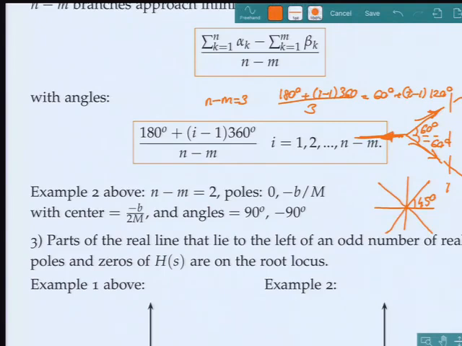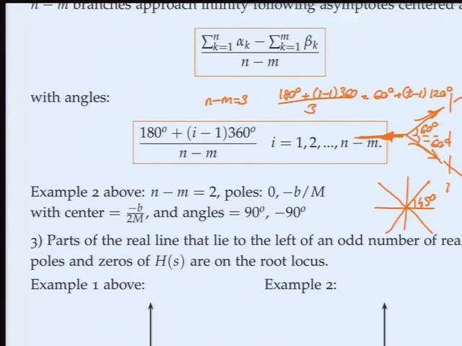So that's how it goes. Okay, so that's another principle. So root locus starts at open loop poles. Some of the branches converge to zeros. If there aren't enough zeros to go to, then you go to infinity following these asymptotes. It's very simple.